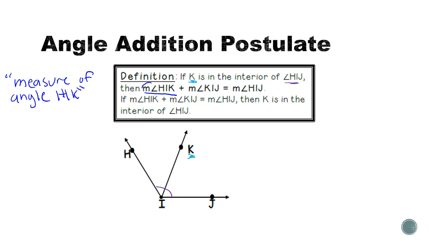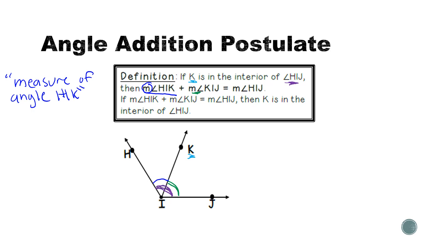Whenever you see this lowercase m in front of an angle, that means the degree measure of that angle. So the measure of angle HIK plus the measure of angle KIJ has to equal the measure of angle HIJ.